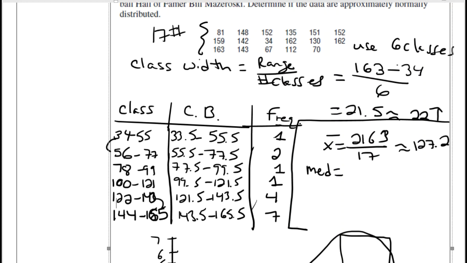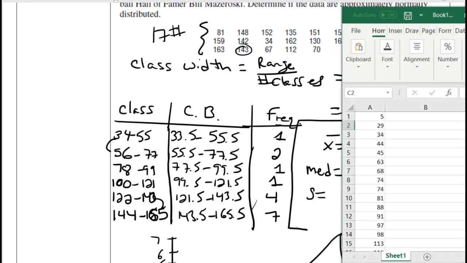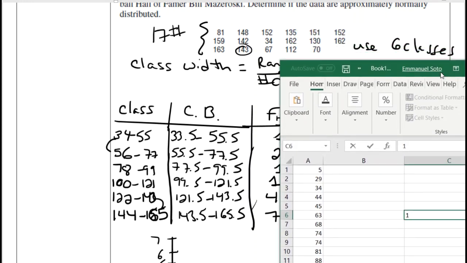Okay, so then if you put them in order and then find the middle number, you get 143. So 143 is our middle number. And then our standard deviation, we can go ahead and calculate that. So we're going to do that on Excel. I'm going to type in the data.